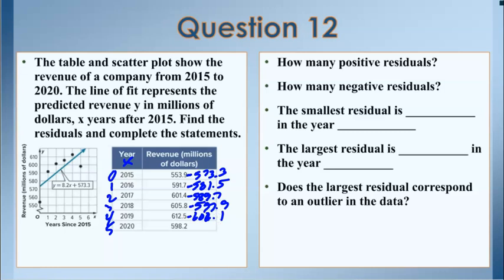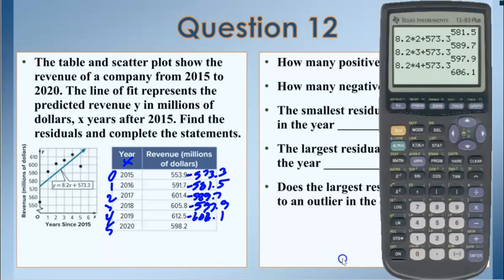And our last one, we put a 5 in, so 8.2 times 5 plus 573.3. That gives us 614.3.